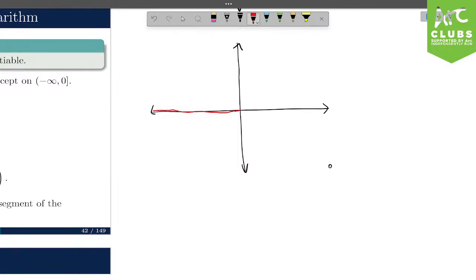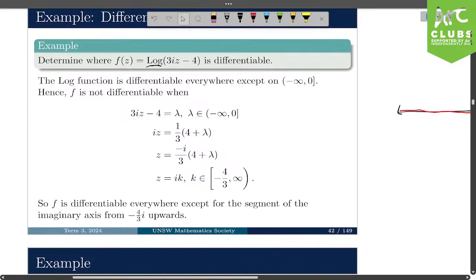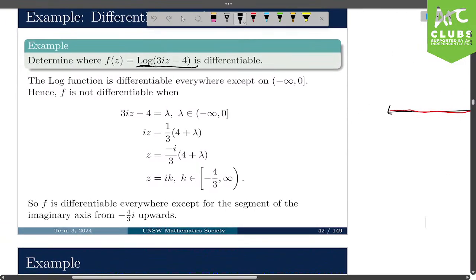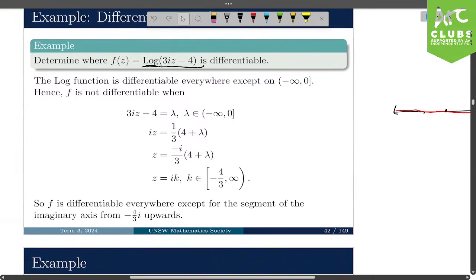Not differentiable along this line. And we're asked to determine where this function, principal log of 3iz minus 4, is differentiable, right? So just basically asked to find the values of z where 3iz minus 4 doesn't land along this ray, where it's not differentiable.